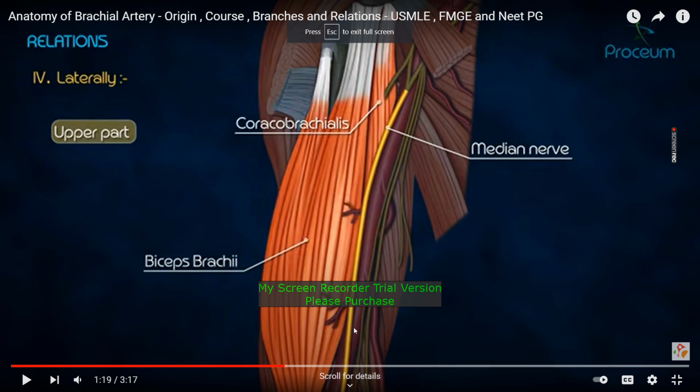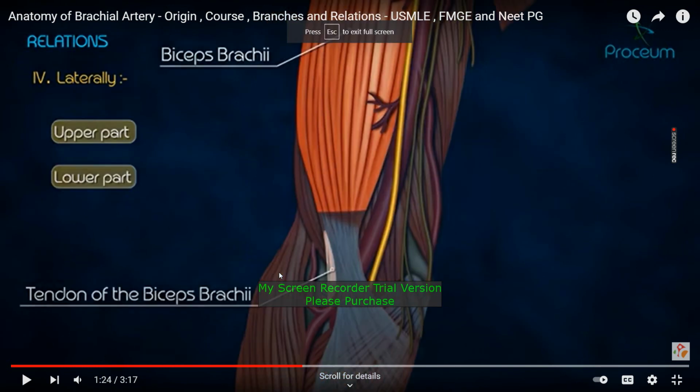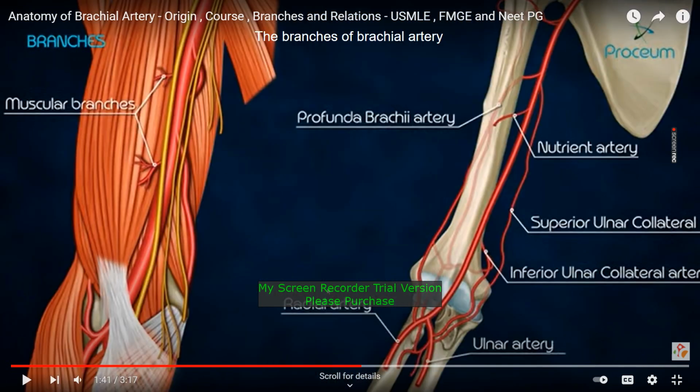In the middle part, the median nerve crosses anteriorly, and on the lower part, the median nerve is found on the medial side relative to the brachial artery. Laterally, it also has the coracobrachialis and biceps brachii, and on the lower part, the tendon of biceps brachii.